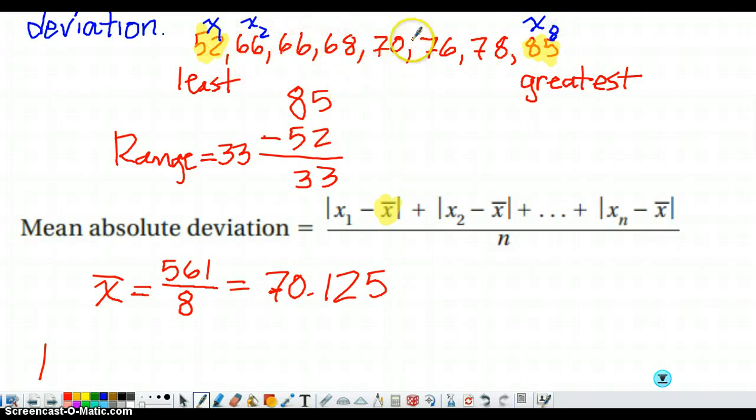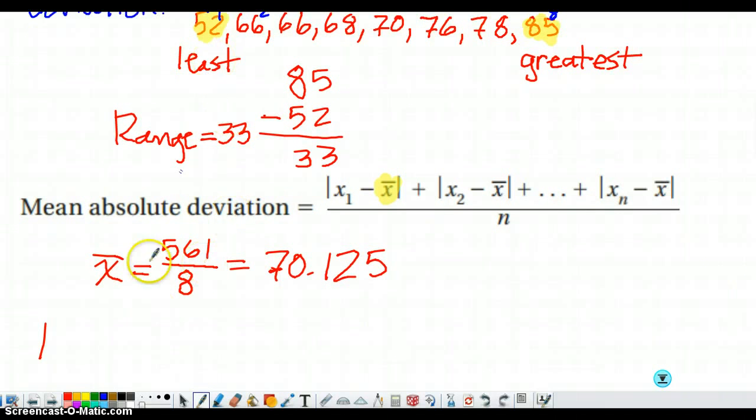So I'm going to take that x sub 1 value, which was 52, minus our x bar, 70.125.